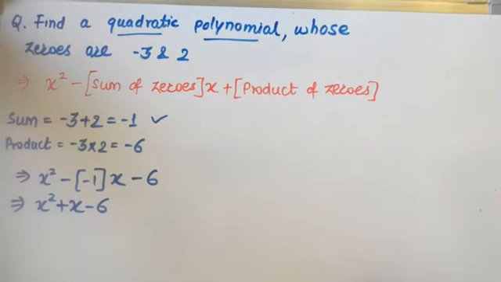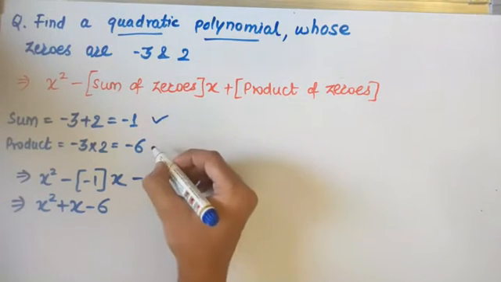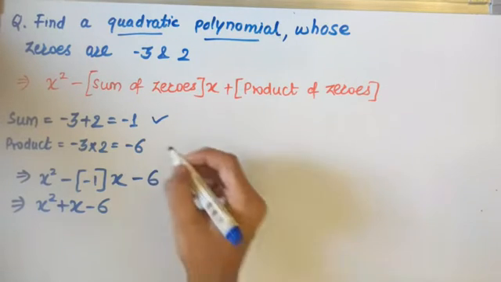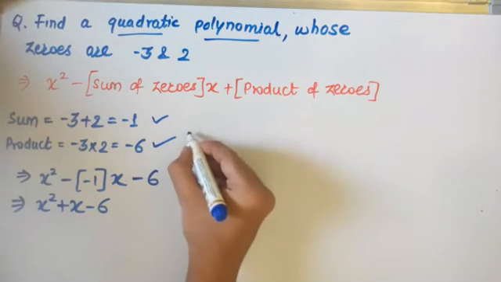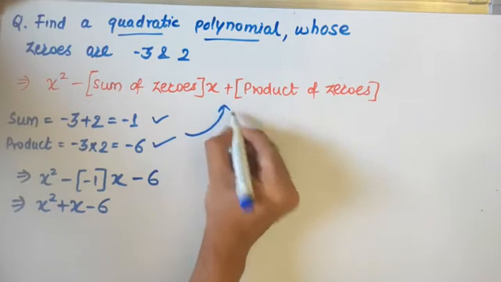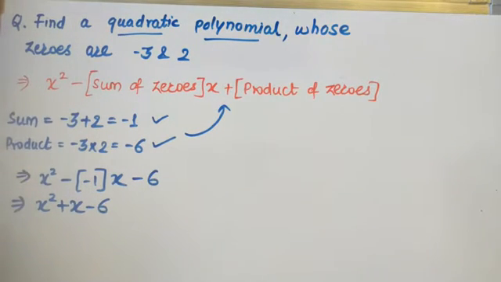The product of zeros is minus 3 into 2, that is minus 6, and we have put both values in this and determined the quadratic polynomial. What is a quadratic polynomial? One whose degree is 2. So this covers class 10th chapter 2 exercise 2.2. Both questions have been covered by these examples.